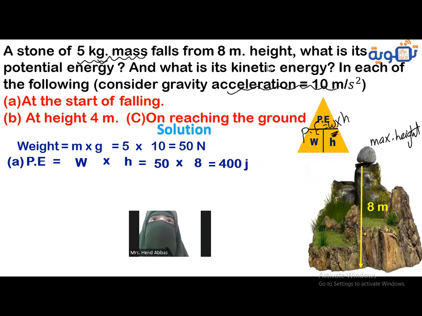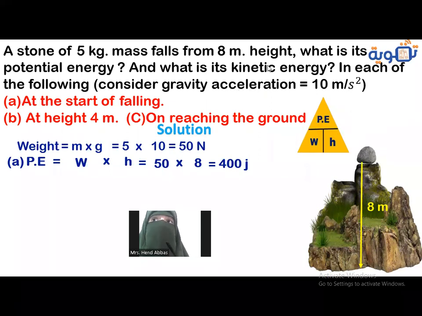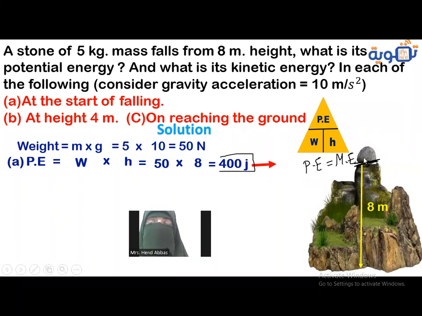Here you can notice something that isn't mentioned in this problem: at the maximum height, the potential energy equals the mechanical energy. So we can know the mechanical energy. It's 400 joules. So at this point, the mechanical energy is 400 joules.